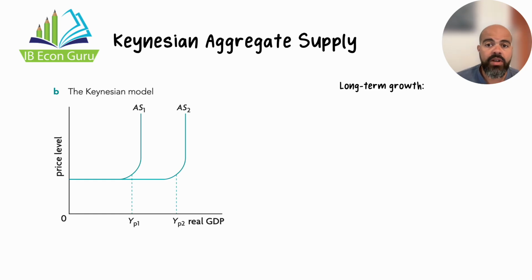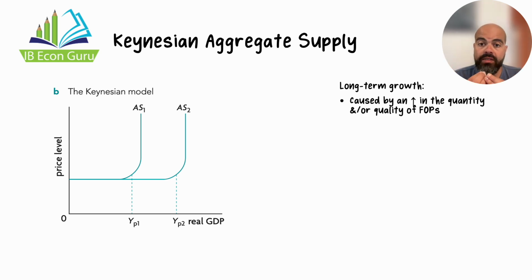Again, there's going to be some repetition from the previous video that I posted where I showed you long-term growth using the new classical or the monetarist long-run aggregate supply curve. Here, it's the same kind of idea. Long-term growth occurs when there's an increase in either the quantity and/or quality of the factors of production.